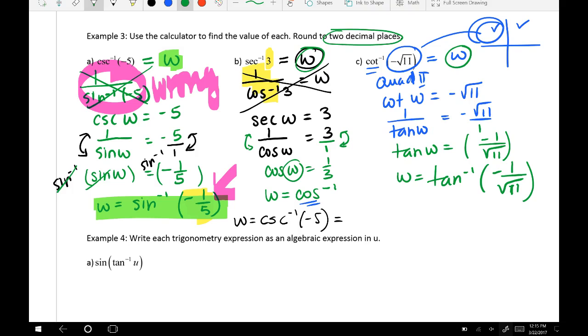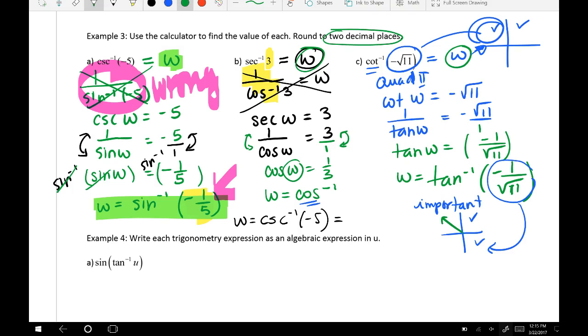When I punch this in my calculator, an important detail: tangent is in quadrants 1 and 4. The negative tells me that I need to be in quadrant 4, but my original is cotangent, and cotangent earlier said I need to be in quadrant 2. And quadrant 2 is right here.